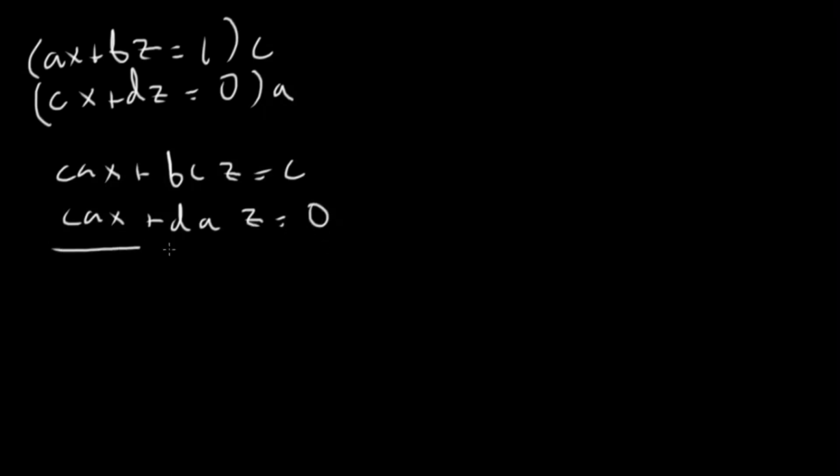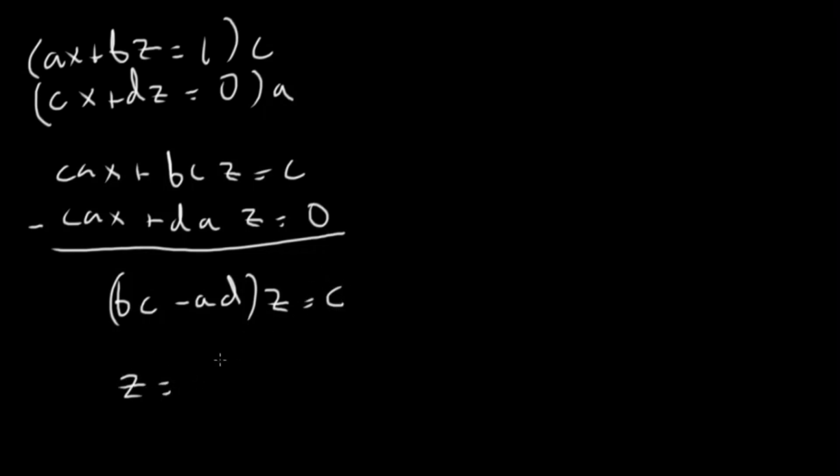I'm going to subtract these two things. That goes away. We have BC minus AD all times Z is equal to C. And we have Z. Boom. C divided by BC minus AD. Cool.